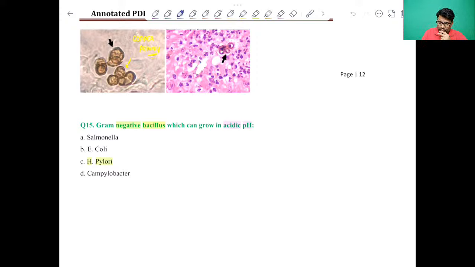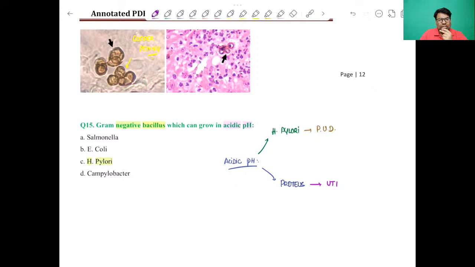So remember, there are two bacteria which have this capability of residing in acidic pH. One of course is Helicobacter pylori, related to peptic ulcer disease, and the other one is Proteus, which is related to urinary tract infection, right?